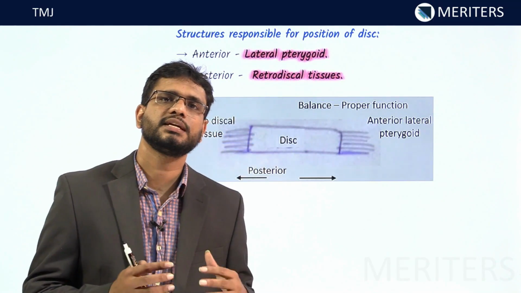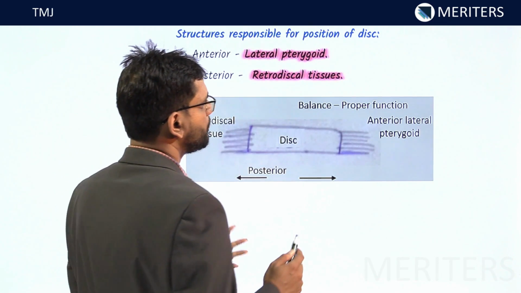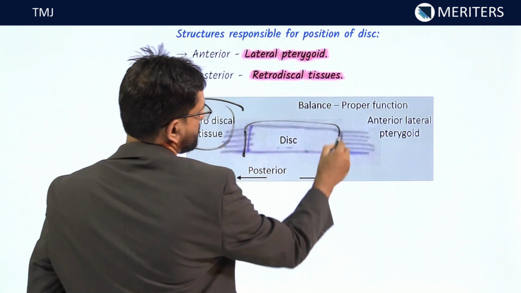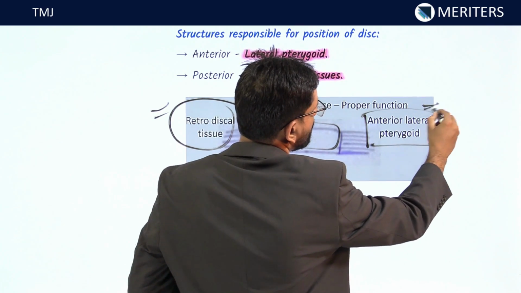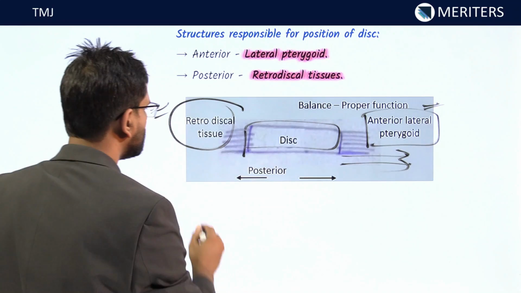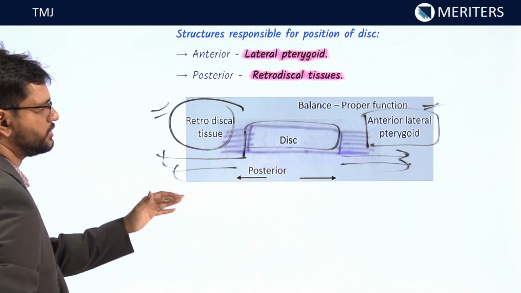Now, what are the factors that maintain the positioning of the disc? There are two factors. One is your retrodiscal tissue. Suppose this is your disc, and this is the retrodiscal tissue and the anterior lateral pterygoid. The lateral pterygoid is going to move this disc anteriorly, while the retrodiscal tissue will do the recoil and there will be posterior movement.